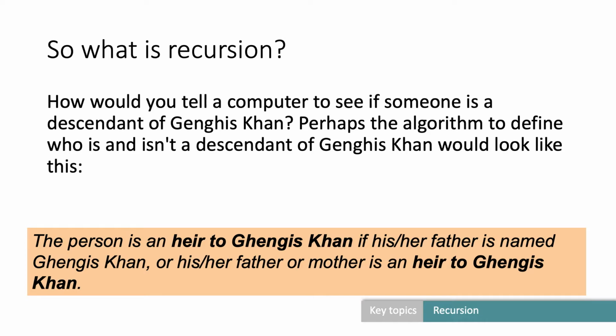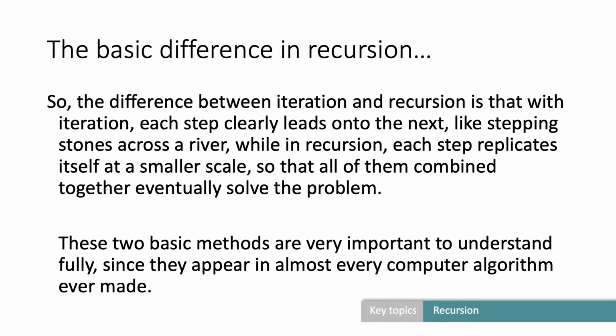So you keep going up your family tree until someone's father is Genghis Khan. And only when you've reached the top of that tree, then everyone who's related to Genghis Khan is, circular argument, related to Genghis Khan. But the point is you only know that when you find Genghis Khan and find out that someone's father is Genghis Khan, and you know when to stop.